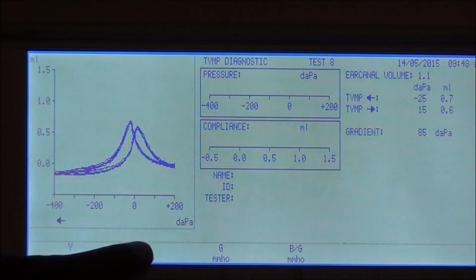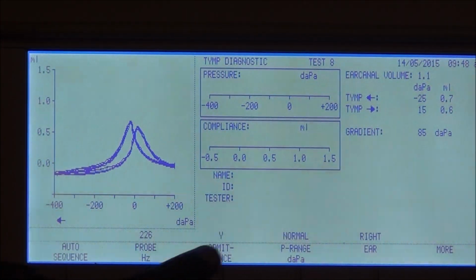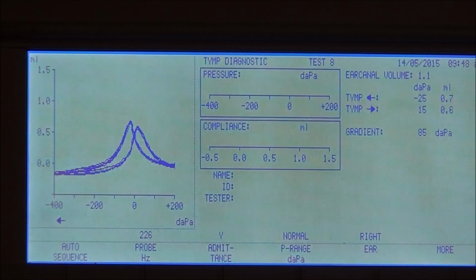But you have options for measuring B separately and G separately. At this point we are measuring only Y. And what is the component we are measuring? Total. Y means total admittance. But in this case Y is equal to stiffness susceptance.